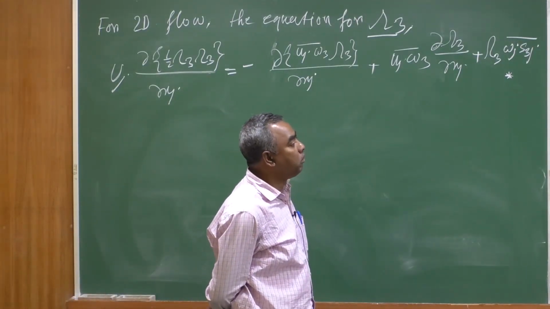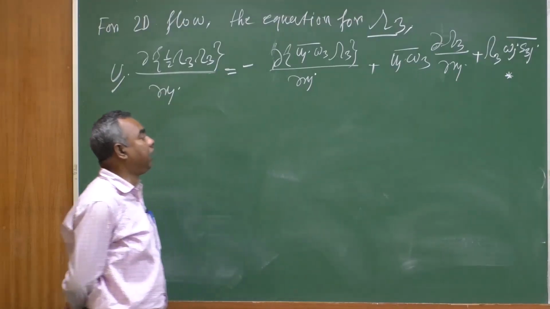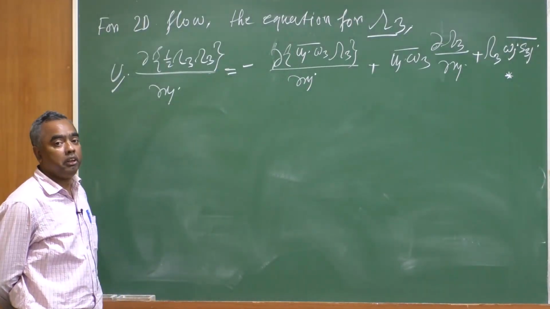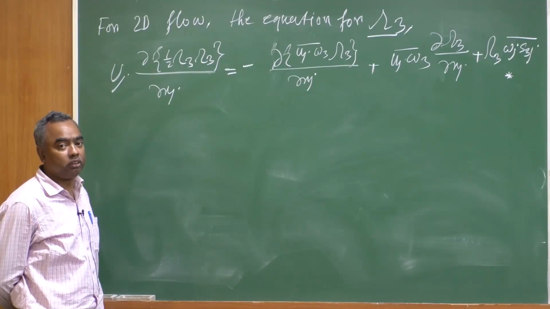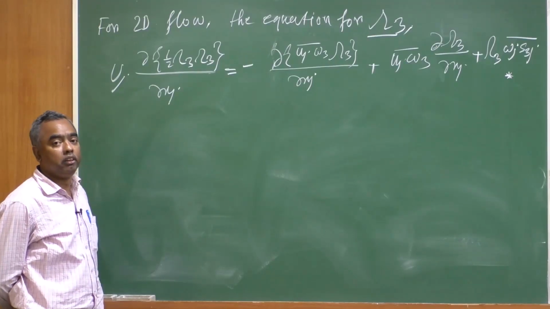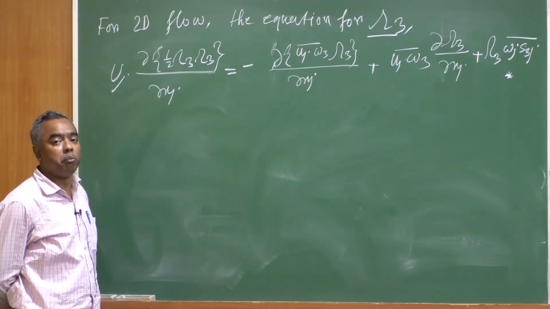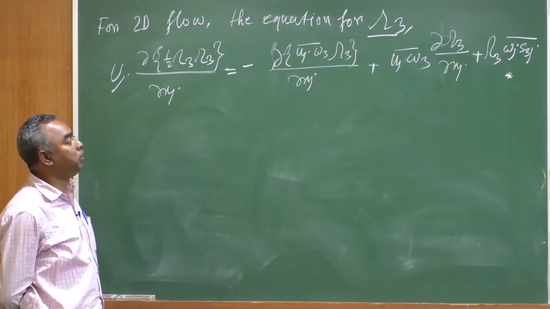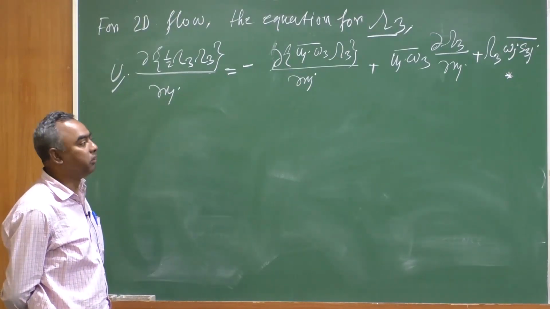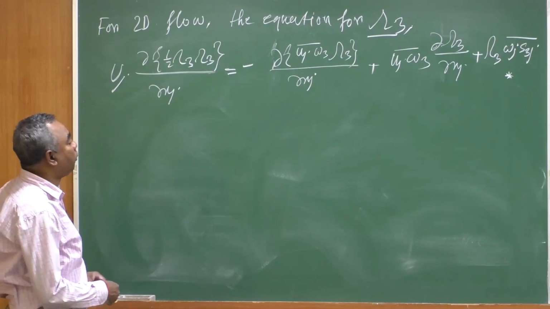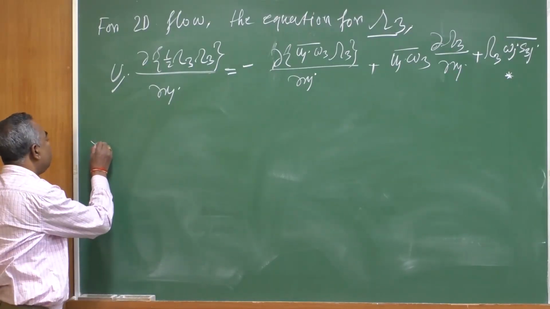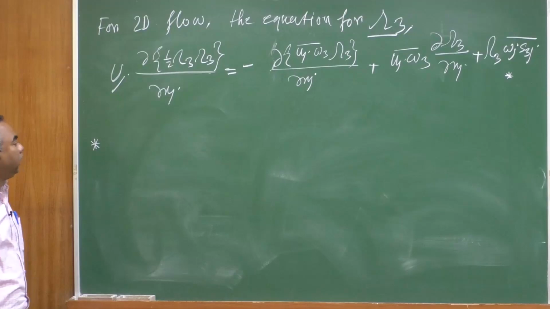So, now how can we find the equation for turbulent entropy? Turbulent entropy means the mean square turbulent vorticity, that is, the turbulent fluctuating vorticity. So, we will skip the derivation here, but I just wanted to tell you the idea.